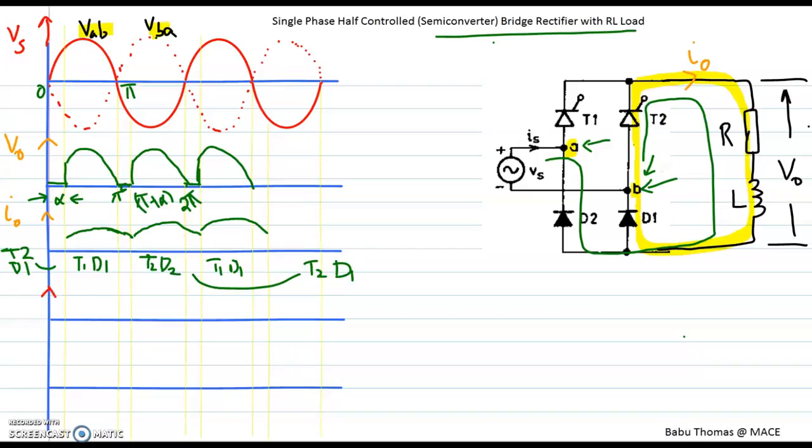Now we are going to plot the source current IS. From our earlier discussions and what we have discussed now, we have seen that during the positive half cycle, the load current I0 and the source current IS will be flowing in the same direction.